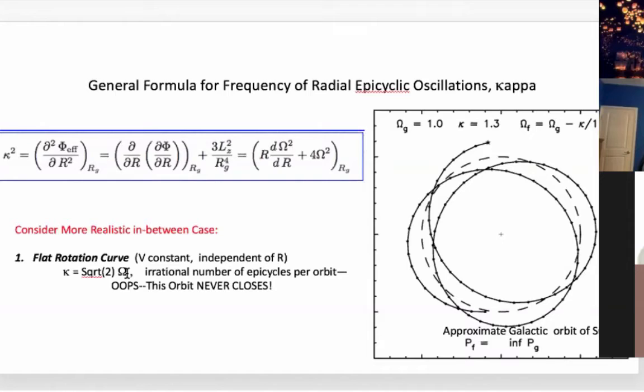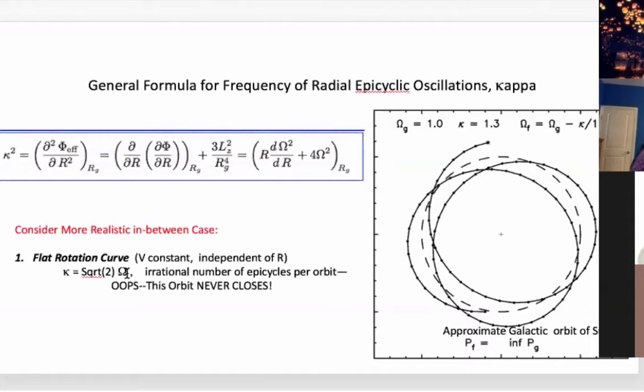Those were the 2 extreme cases, right? If we had all the mass concentrated at the center, or if we had the mass not concentrated at all, we'd either get 1 or 2 epicycles in one trip around. We ended up somewhere in between, where the mass is somewhat spread out.